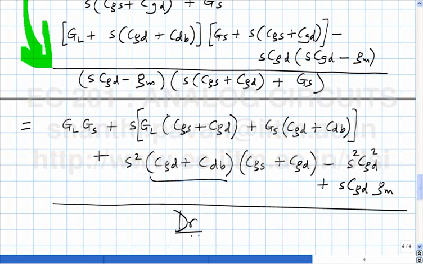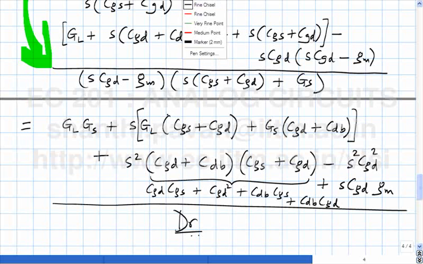If I expand this, I get CGD CGS plus CGD square plus CDB CGS plus CDB CGD minus, and then this goes away. This cancels with this.